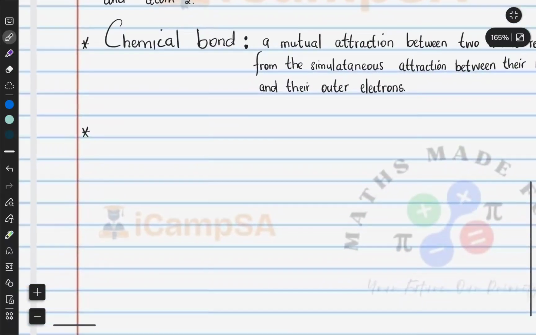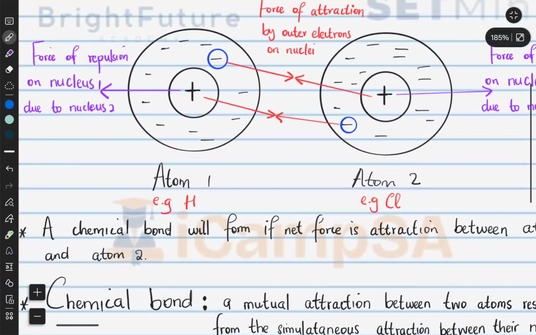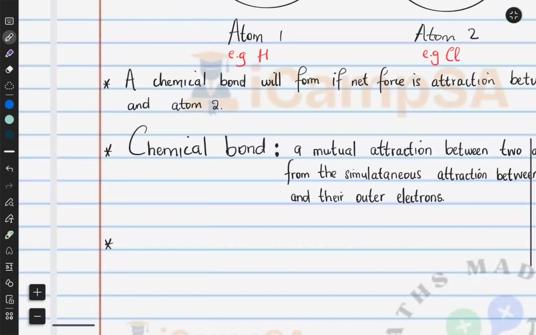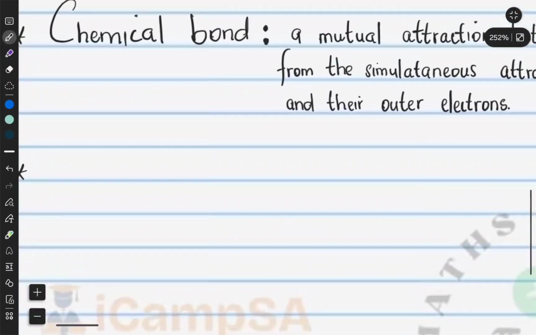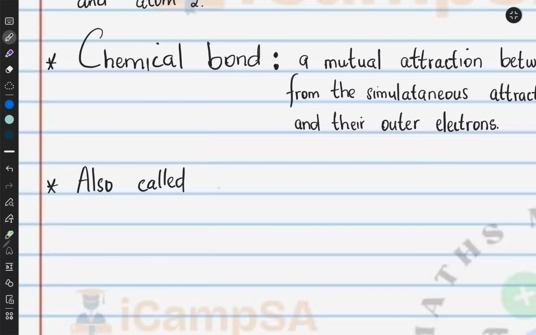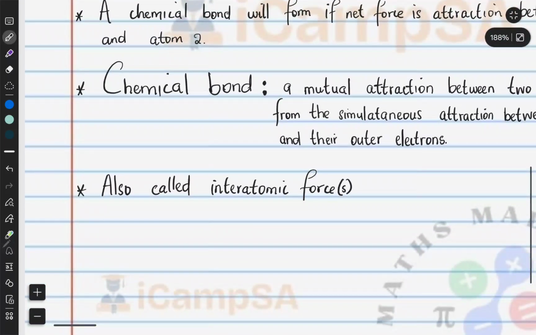So there's a reason for that, because it exists between two atoms, hence the word interatomic. Remember, inter means between two things, right? And that's why a chemical bond is also called interatomic forces. So that's one thing we need to note.